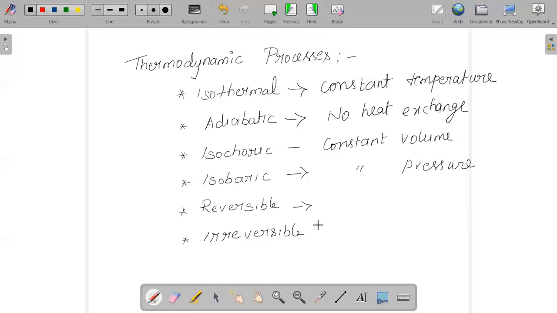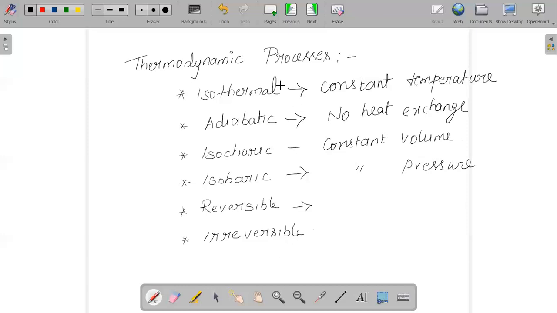Irreversible means the process will occur only in a given direction under a given set of conditions; you cannot get back. These terms are very important to note because they are used in the exam.